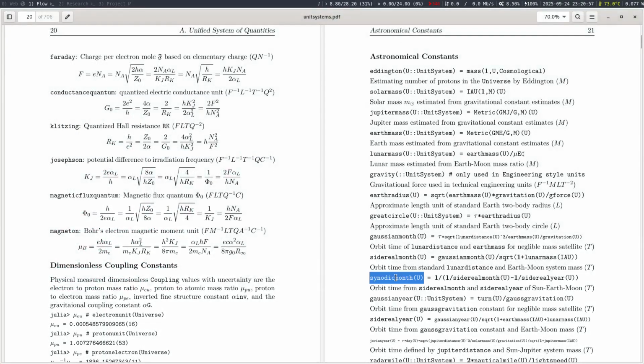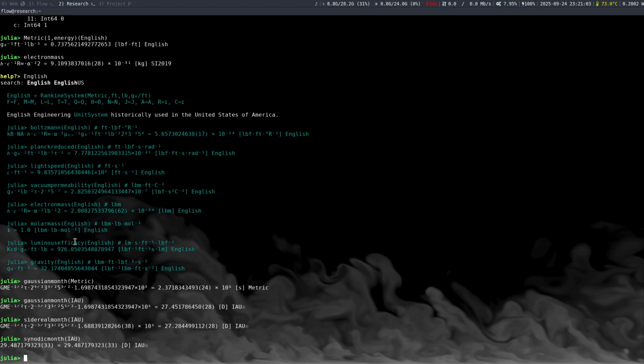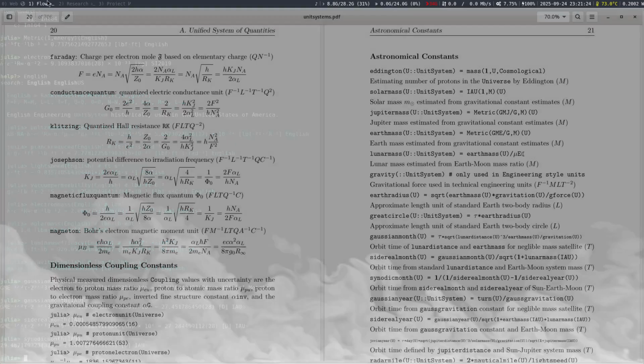And then you have the synodic month, which is the one that we're more familiar with. That's 29.5 days about. This is the kind of exact approximation.